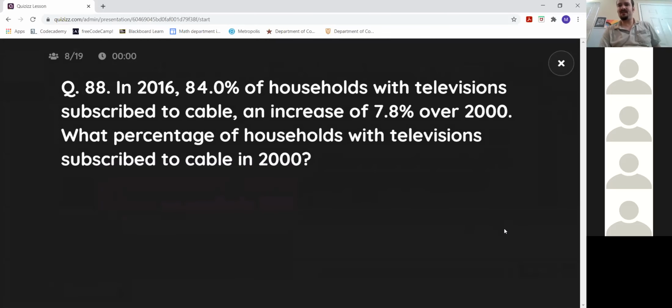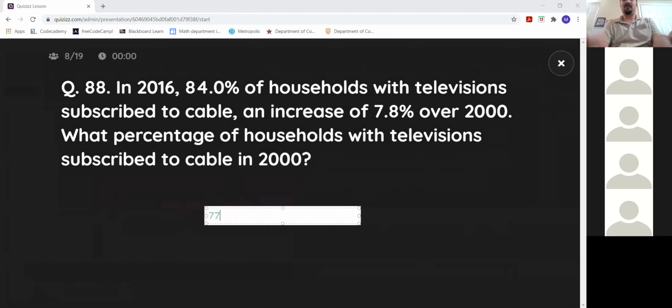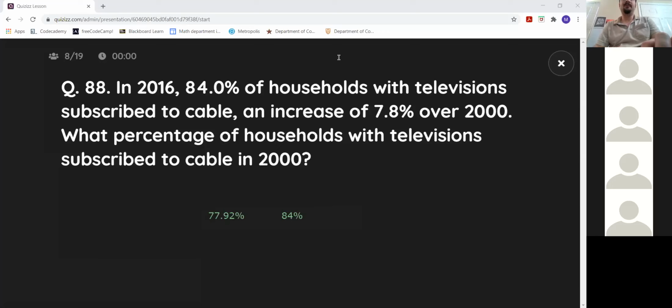And so what does that mean? We're going 77.92. And we're going to where? 84%? And so there are two different ways we describe this, right?